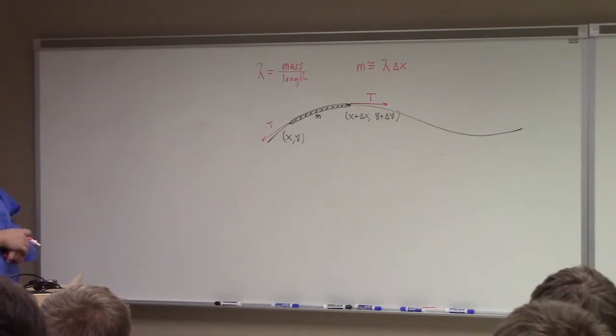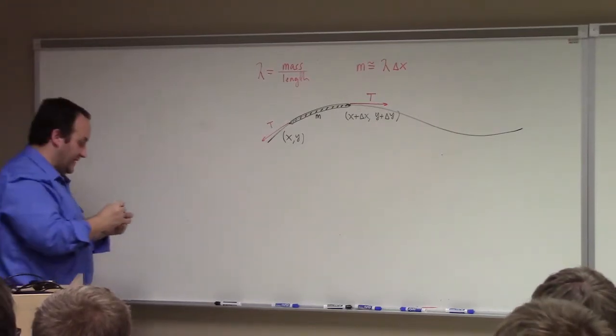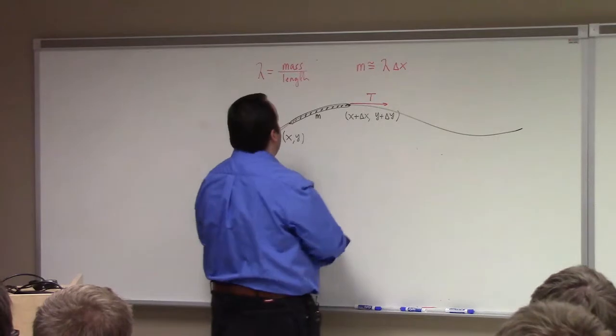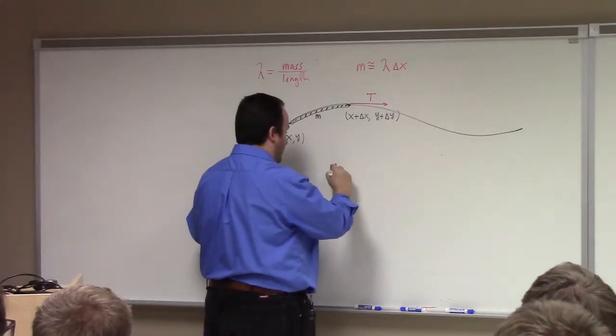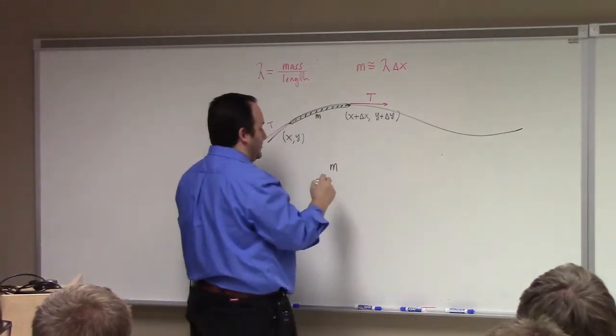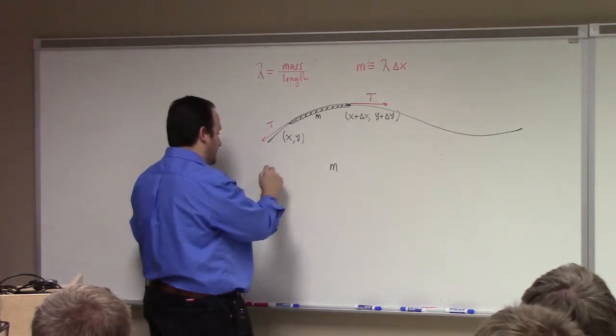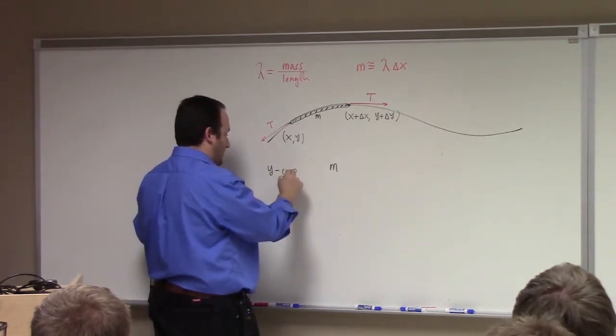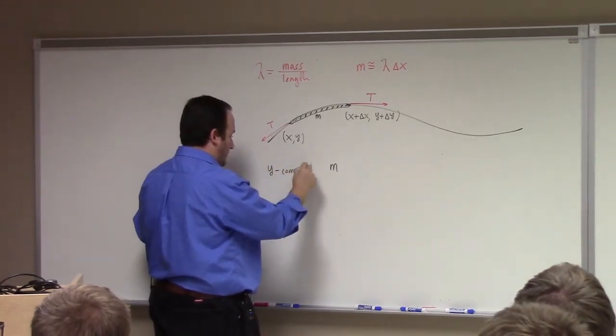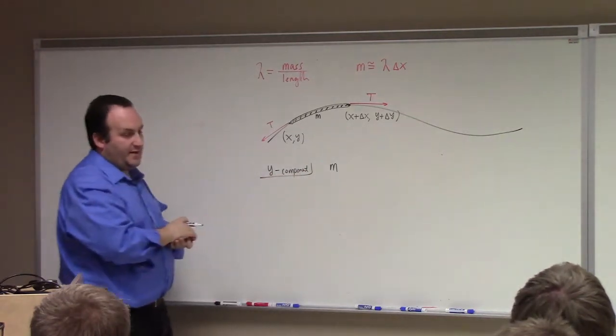Okay, so what does Newton's second law look like on this little bit of string? So we have m, and we'll look at the y component. Y component, so we have mass times what?